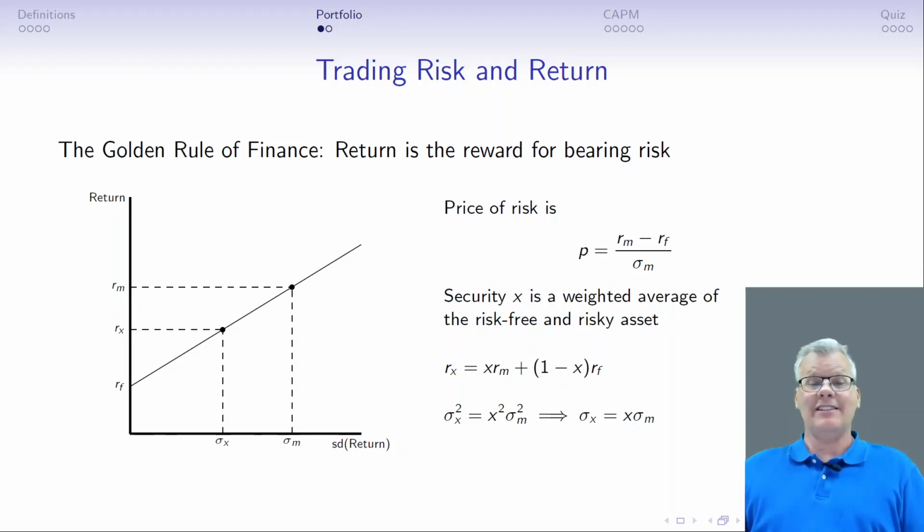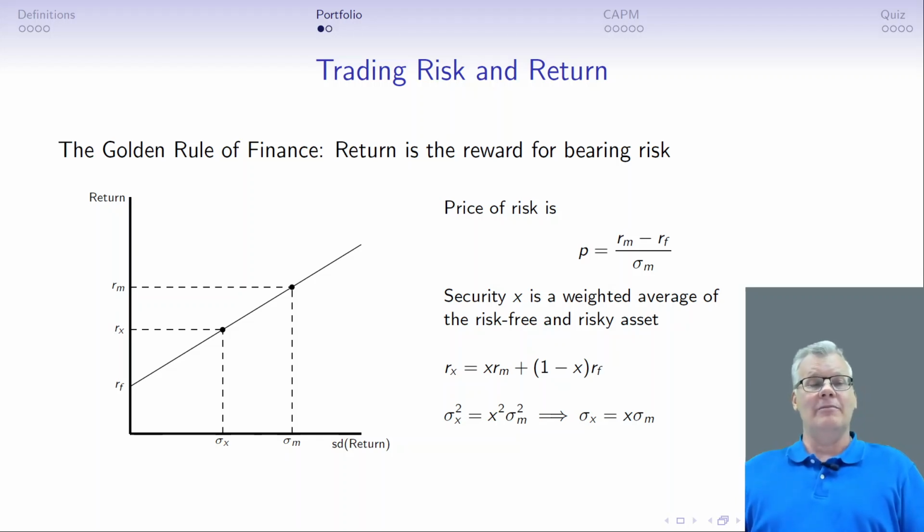So the rise is R sub m minus R sub f. That's the movement along the vertical axis. The run is going from 0 to sigma sub m. So the slope of the budget line, P, is the price of risk. It's equal to R sub m minus R sub f over sigma sub m.